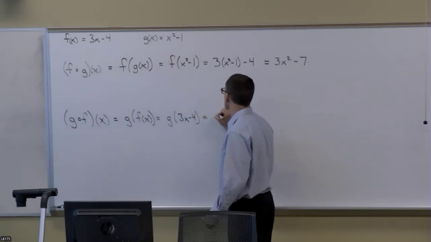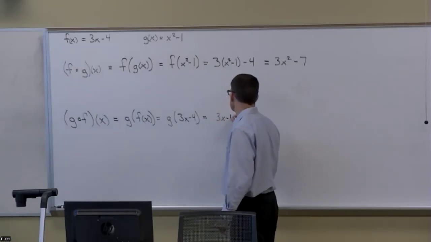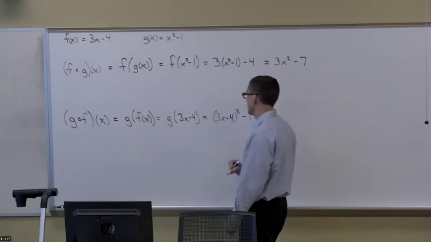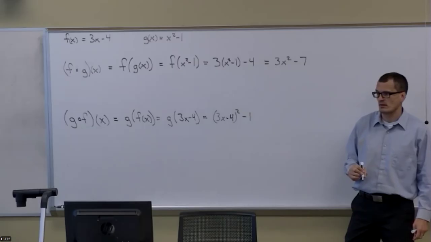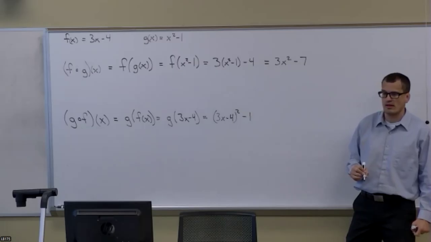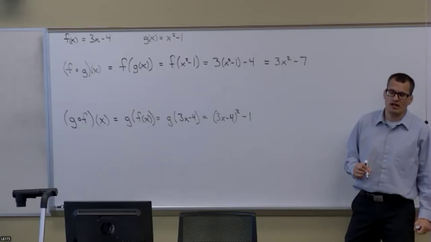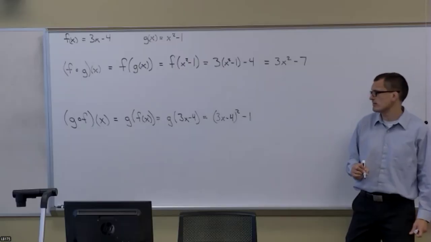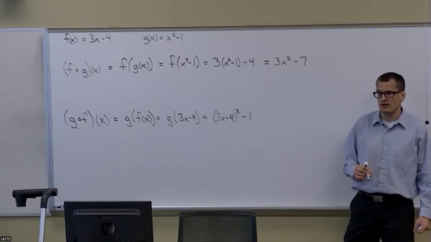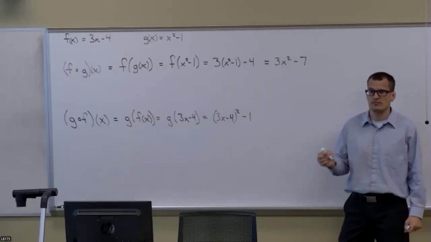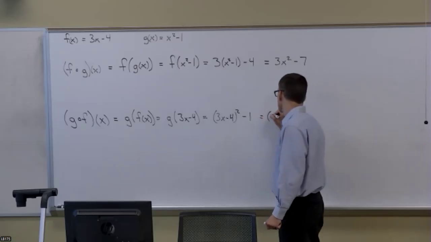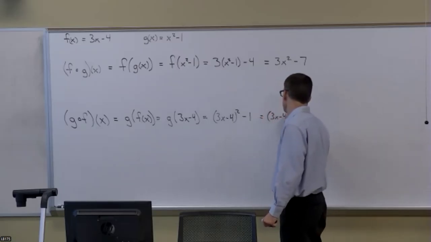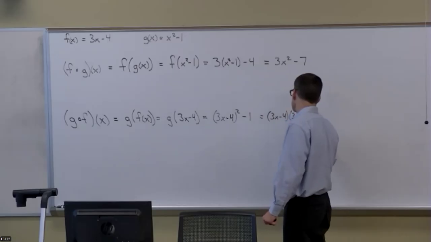I'm going to take 3x minus 4, square that, and then subtract 1. Be careful when you square polynomials. Remember, that's not 3x squared minus 4 squared. Okay, you have to take 3x minus 4 times itself. So you would do 3x minus 4 times another copy of 3x minus 4.